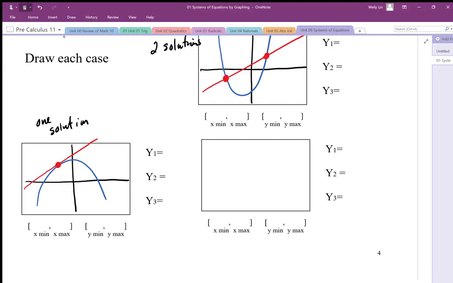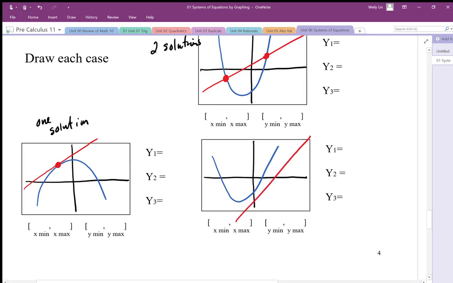And what about zero solutions? Well, a linear quadratic very easily can have zero solutions because when we have a quadratic and a straight line, it is possible that this line does not cross the quadratic function. So we do have a situation where we have zero solutions.